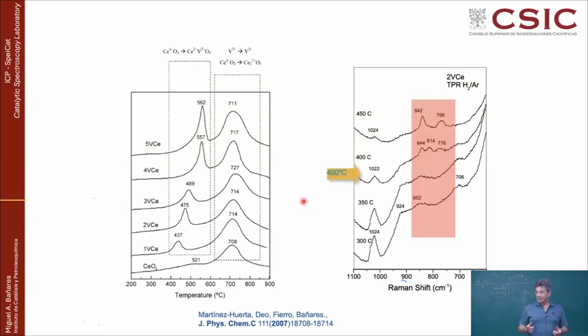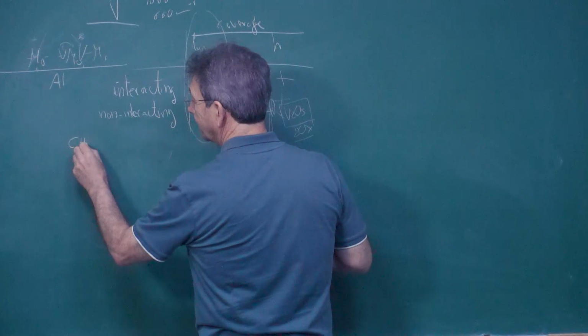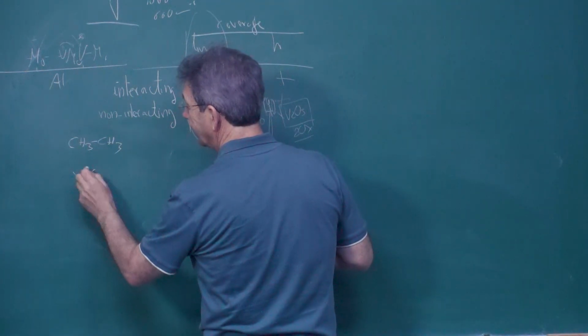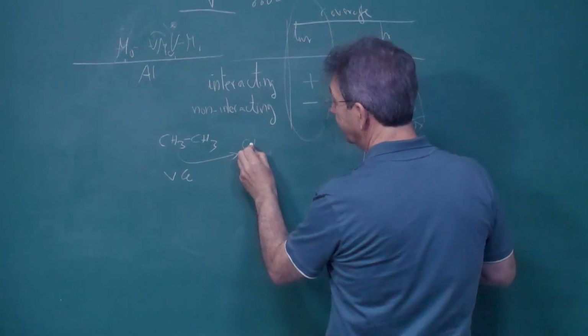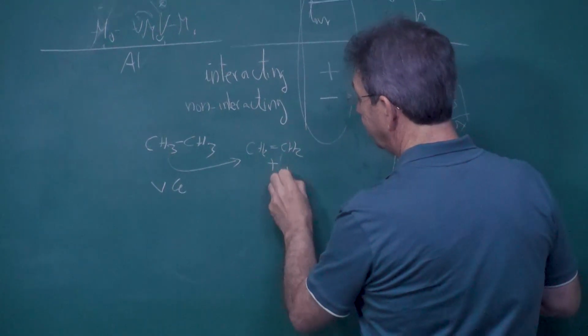So the vanadium ceria is oxidizing ethane to ethylene and water. So in the end, when you are making a reaction, you got ethane, so you have CH3, CH3. Here you have the vanadium ceria catalyst. And after this reaction, what you get is CH2, CH2, and water.